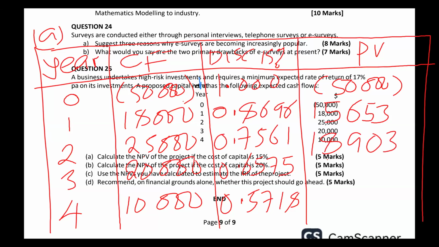Yes. Everybody is finding the same? Yes. Okay, you can go to the third year. 20,000 times 0.6575 is 13,150. You can go to the fourth year.